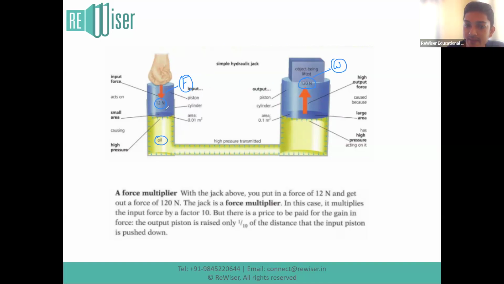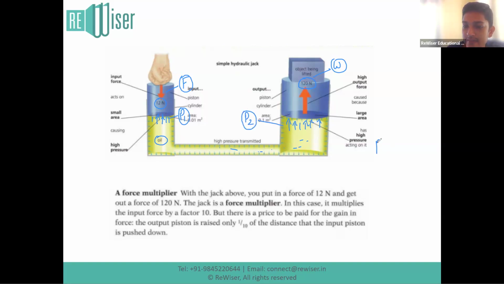It works on the premise that pressure is a scalar and is the same throughout this entire liquid. The pressure applied here, let's call this P1, is exactly the same as the pressure applied here, that is P2.